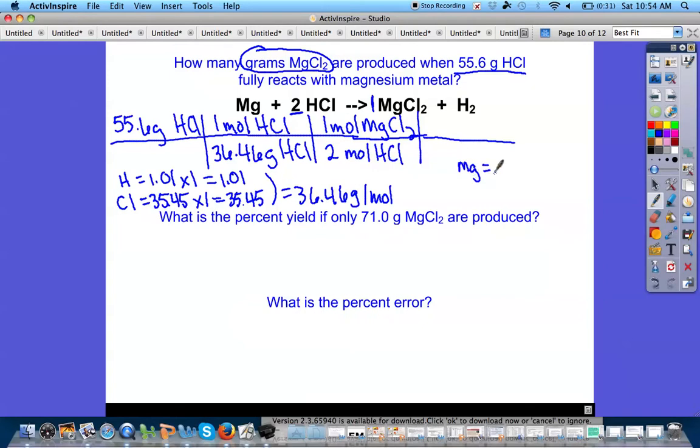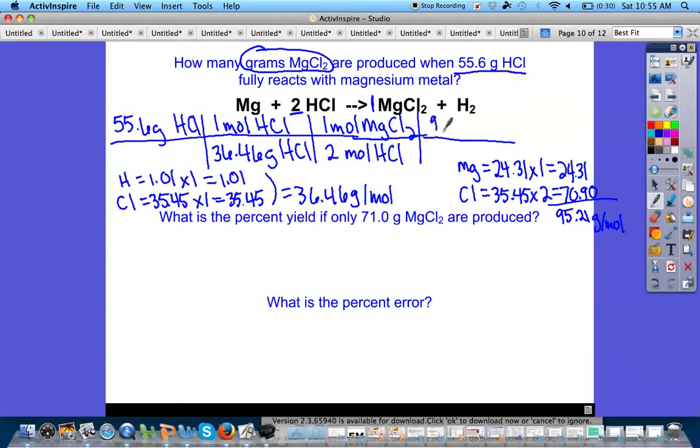Magnesium's average atomic mass is 24.31. And we have one atom of that. So it's going to equal 24.31. And chlorine is 35.45. We have 2 atoms of chlorine, so that's going to equal 70.90. Add those together, and you should get a molar mass of 95.21 grams per mole.